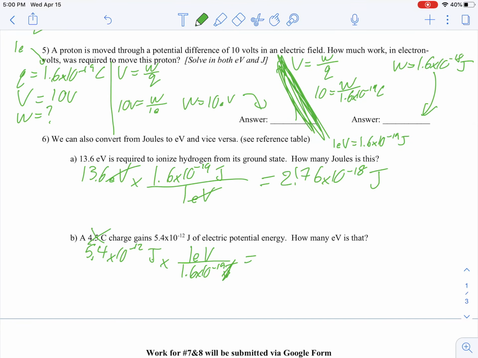Joules cancel. Basically you get 5.4 times 10 to the negative 12 divided by 1.6 times 10 to the negative 19. And you get 3.375 times 10 to the 7th.